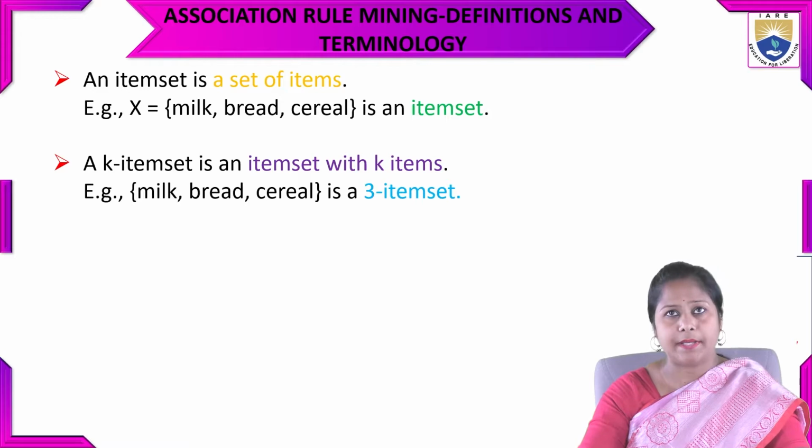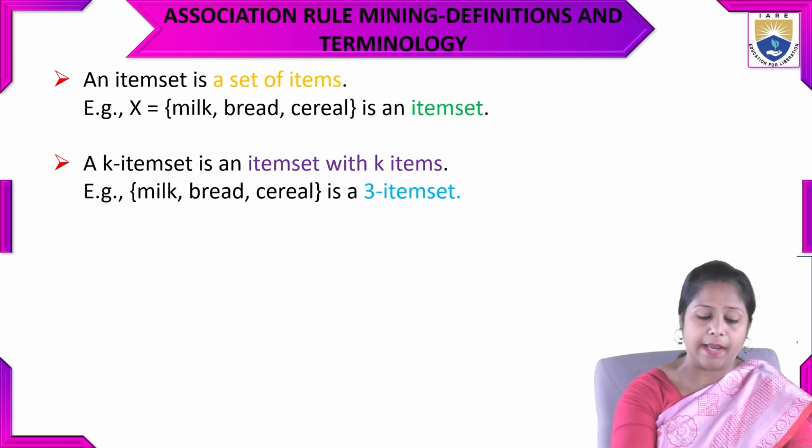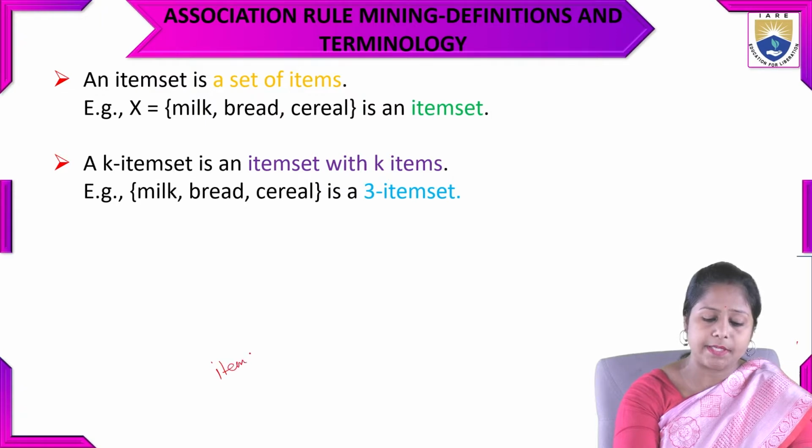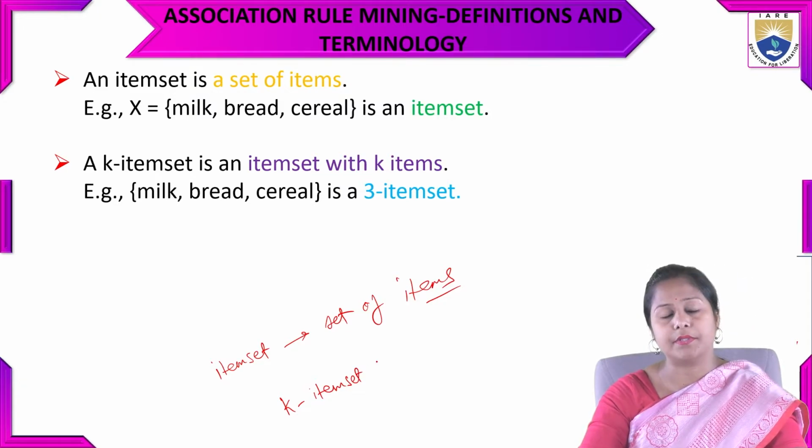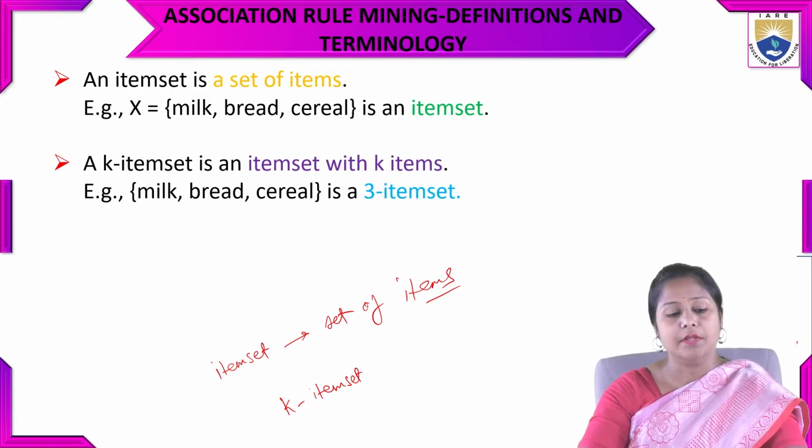An itemset is a set of items, as the name suggests. A k-itemset means a set having k items.